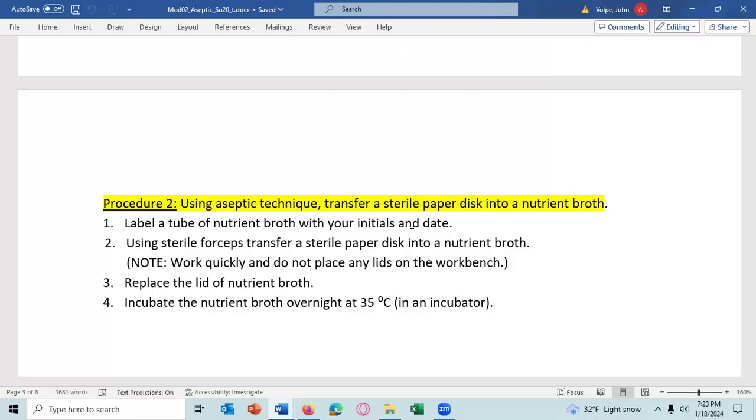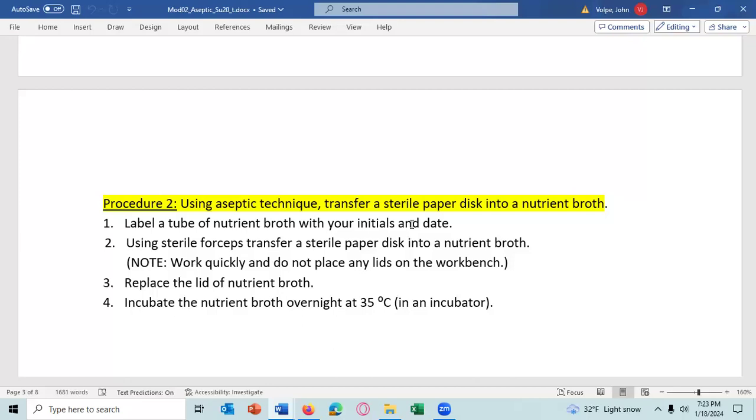Any question about that? So how you clean them is you put the tip of the forceps in the Bacti incinerator just for a little bit. You don't get it red hot. You just heat them up a little bit, and then take them out, and then stick the forceps in some alcohol.